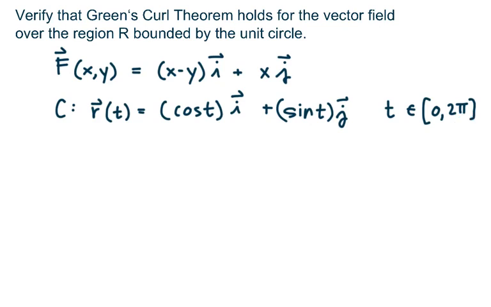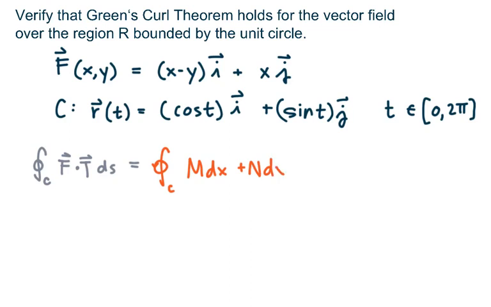So essentially what we're being asked to prove is that the directed line integral along the curve C of F dot T ds, is equal to the directed line integral over C of M dx plus N dy.